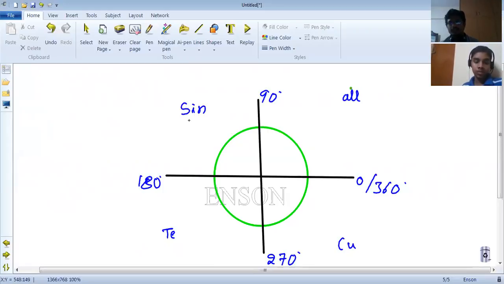Sine and cos, sorry, wait, cos, tan and cot, cosecant and secant.